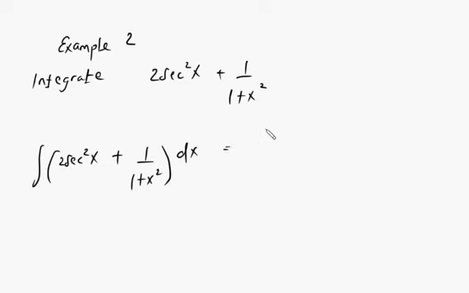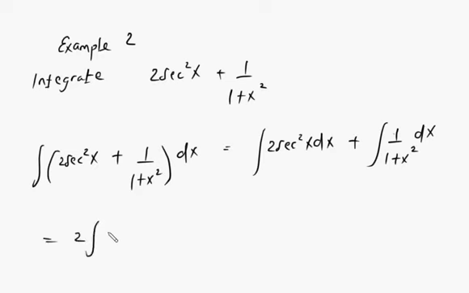Kwa hiyo remember tulisema itakuwa tu nimeintegrate huyu peke yake with respect to x plus nimeintegrate huyu with respect to x. So remember nikasema kwamba constant unaweza kaitoa nje. So constant naitoa nje. I get sec squared x with respect to x plus, okay, hii ni sema unaweza kaiandika pia in this form, okay?